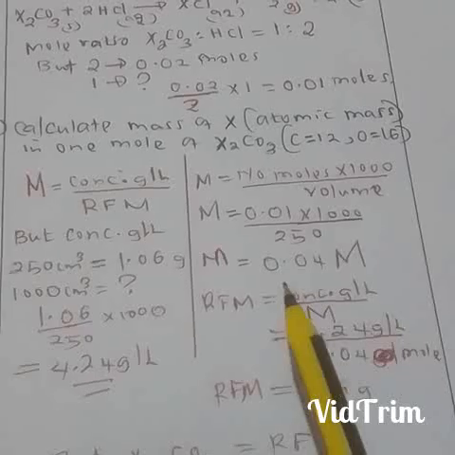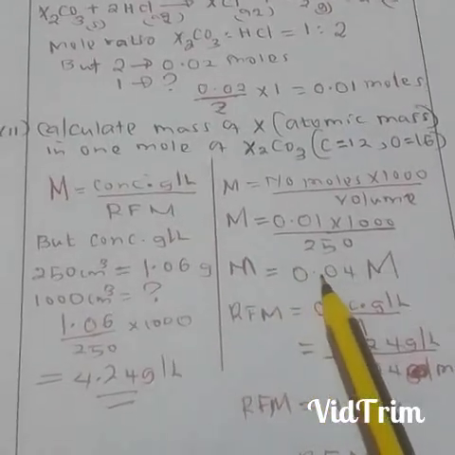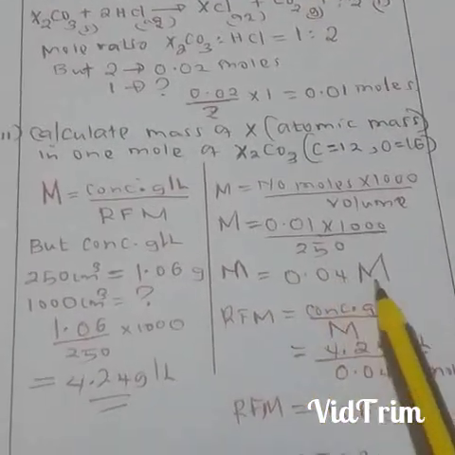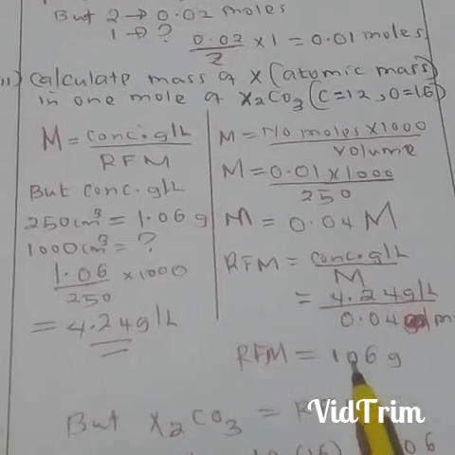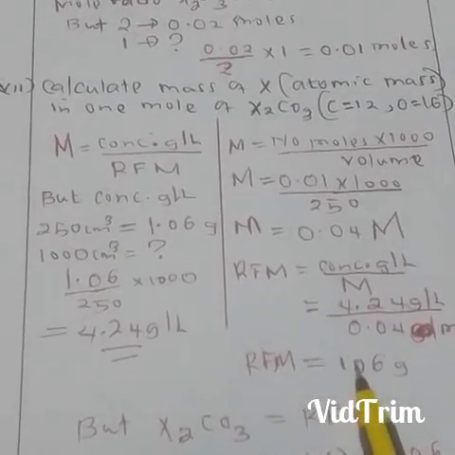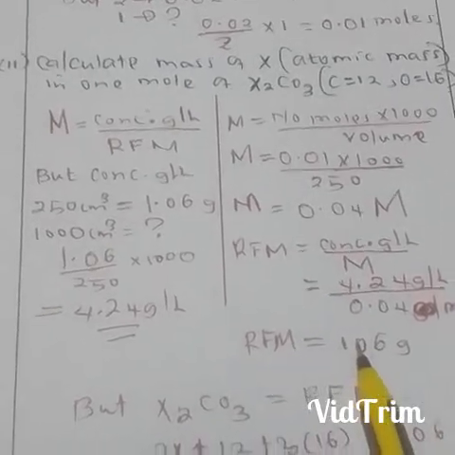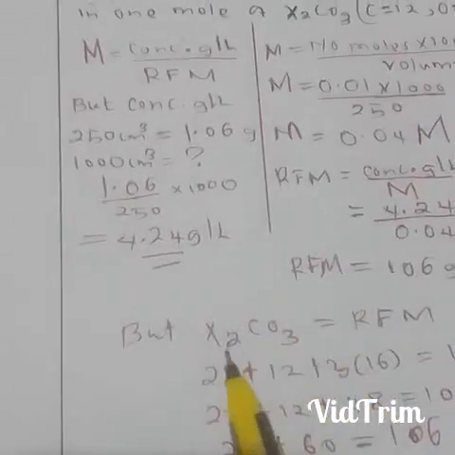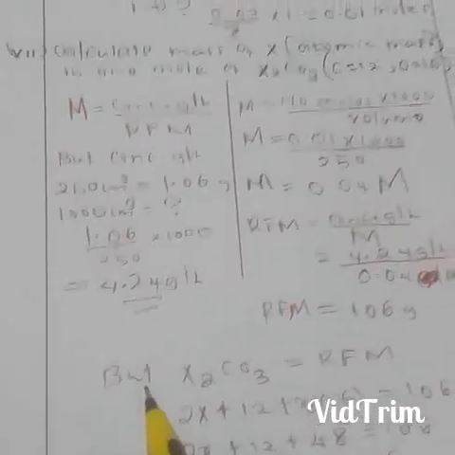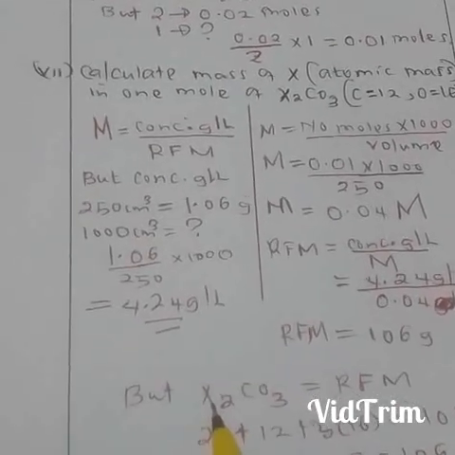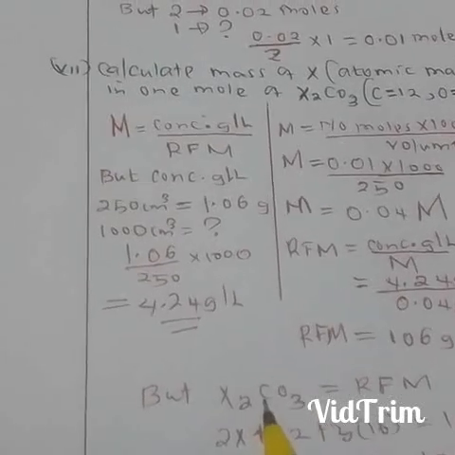Then what about our molarity? We have calculated here, you can check and see, it is 0.04 molar. So if we divide the two, RFM is 106. Please take your calculator and check and confirm, my student. Is it okay? Good. Then finally we want now to calculate the atomic mass of X in this M carbonate. Is it okay, my student?